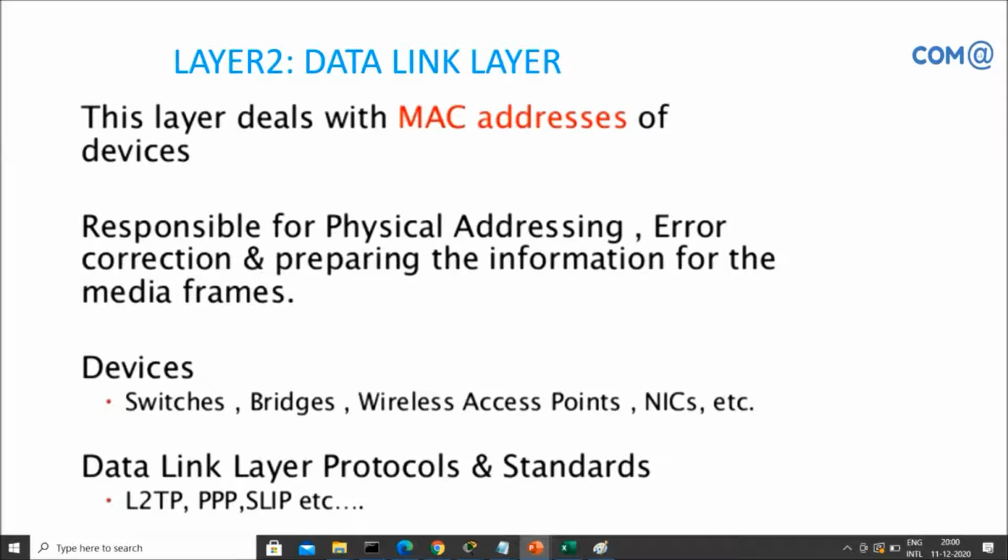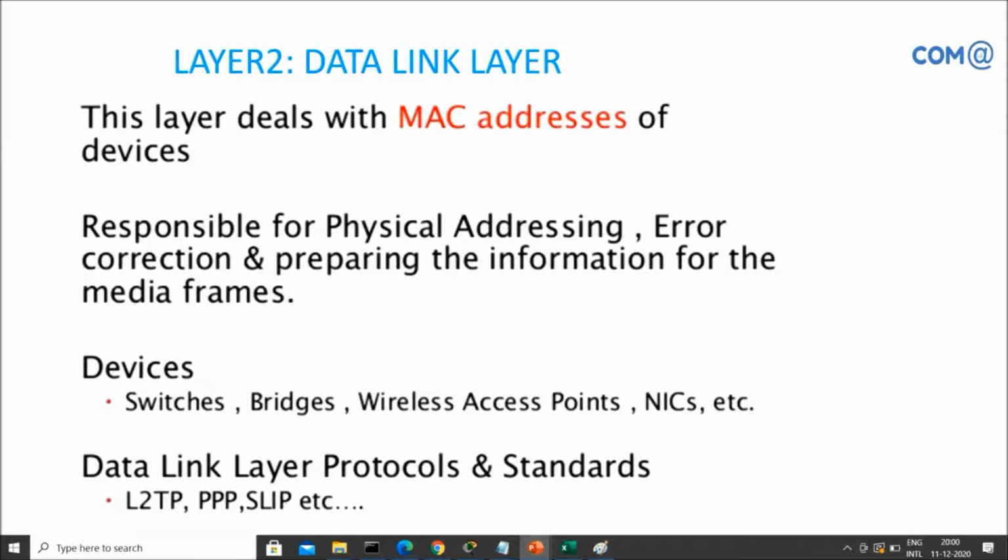You have layer 2 devices available: switches, bridges, WAP, that is wireless access point, and network interface cards. All these devices fall under the data link layer. Specifically, a switch also contributes something in the layer 3 part of the OSI reference model.